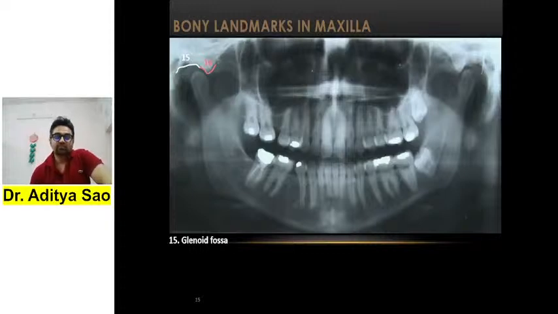Number 16 is what keeps the condyle from coming way too forward or acts as a resistance for the disc. That is your articular eminence. This bridge that you can see, shown in 17, which connects the articular eminence with the posterior border of the maxillary sinus, is your zygomatic arch.